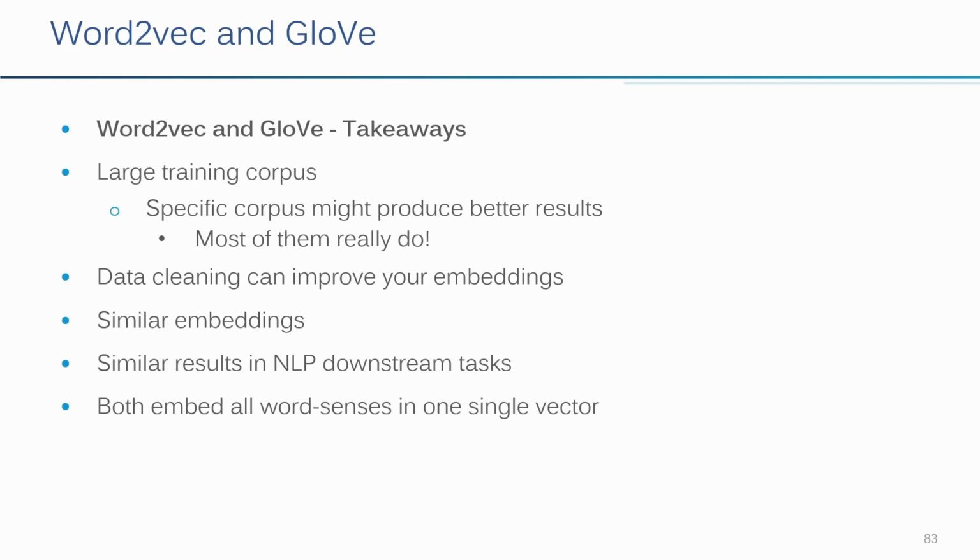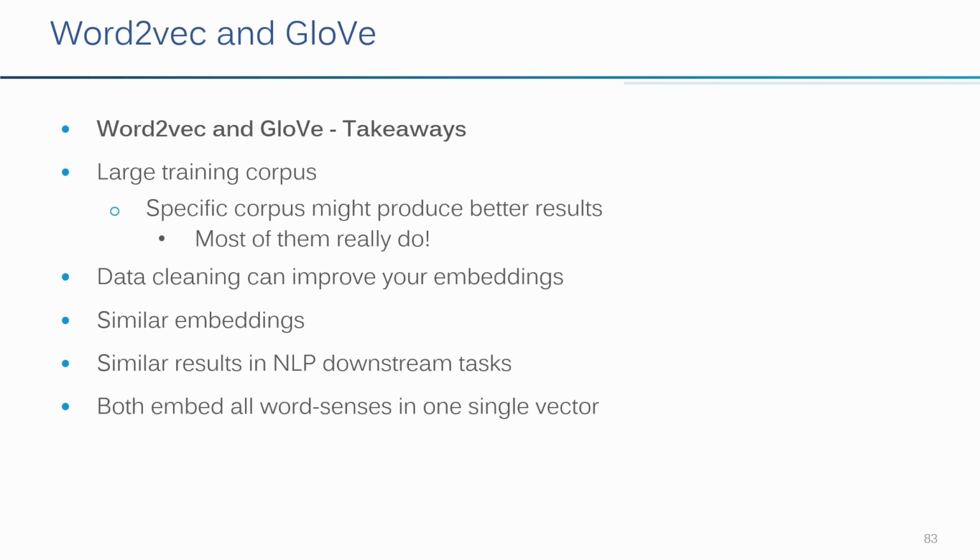Data cleaning does improve your embeddings. If you get rid of stop words, it also makes your life a bit easier, simply because those techniques don't take into account the context, so it's not that relevant, for example, if you have a bunch of articles or pronouns. If you can get rid of those, it will help out.